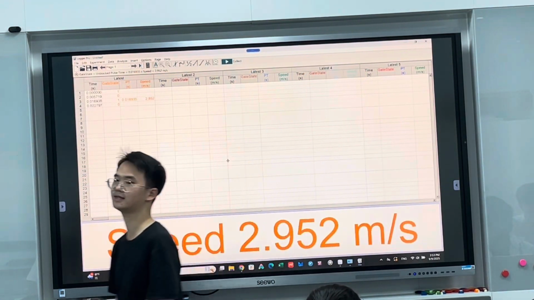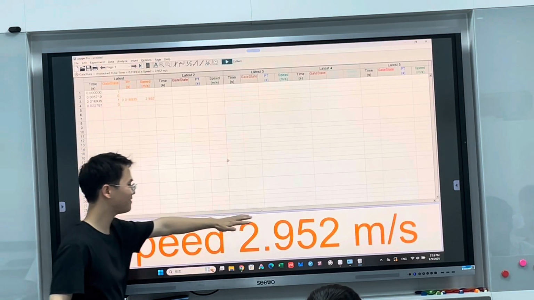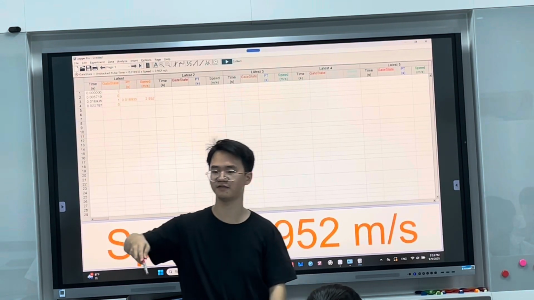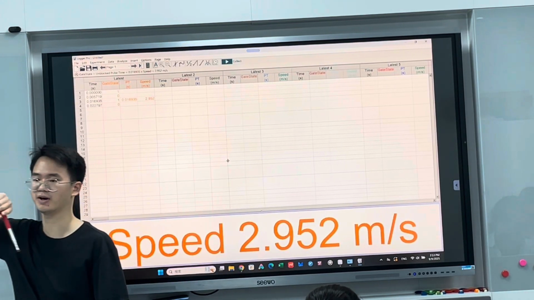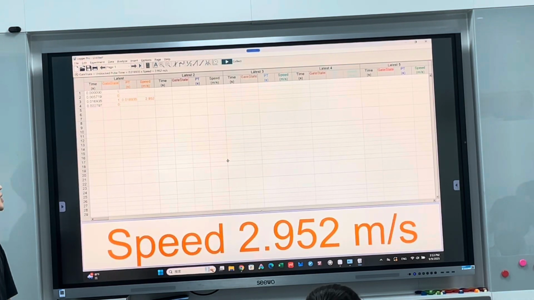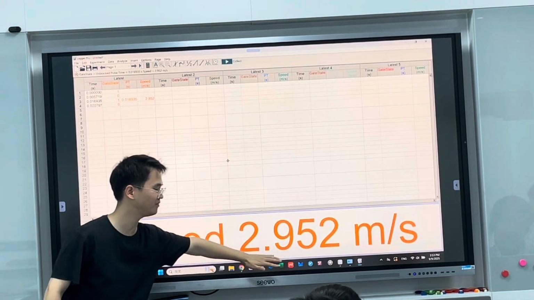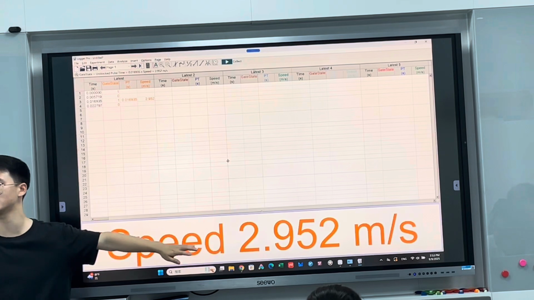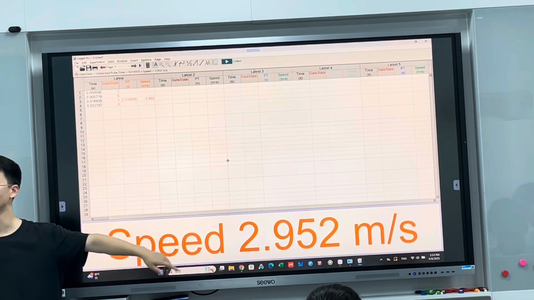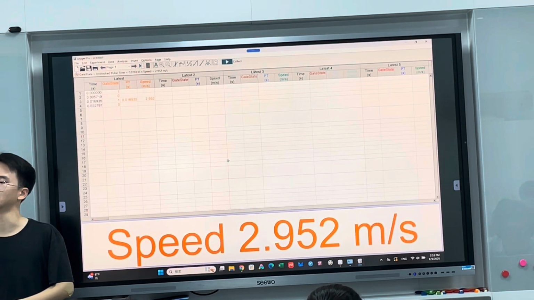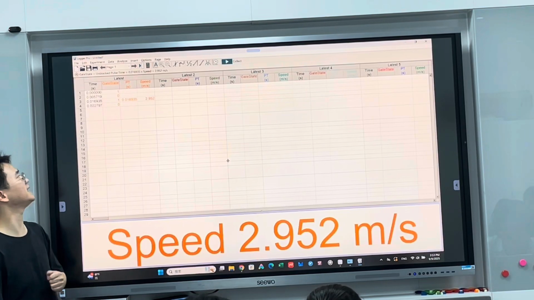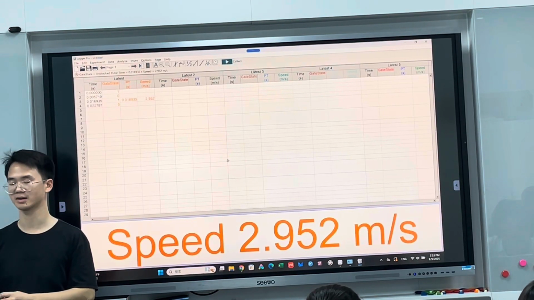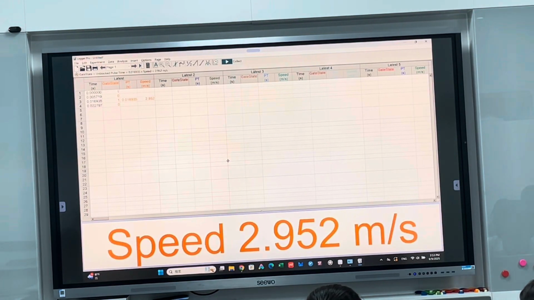Okay. So, as you can tell, we have LoggerPro, we have LabQuest 2, we have Projectile Launcher, and those devices can give you very accurate and precise values, which is good for your IA. And you can collect very good data from it. Okay? That's the demo for the projectile motion.